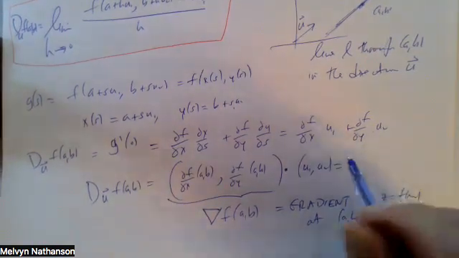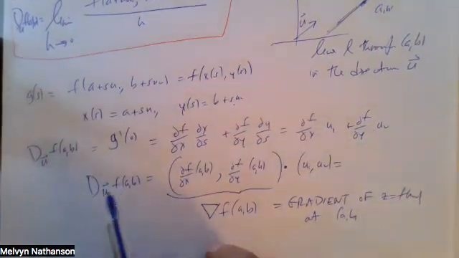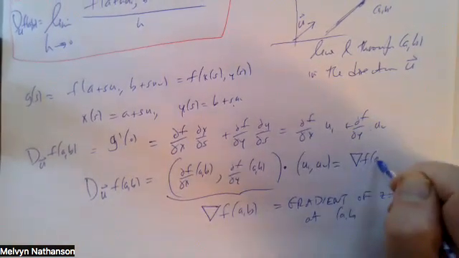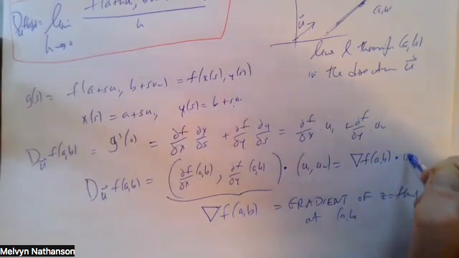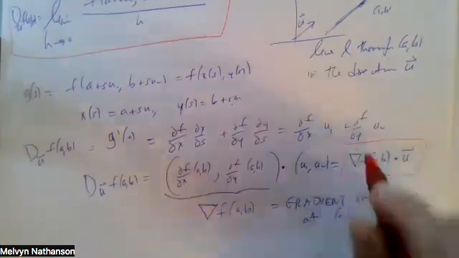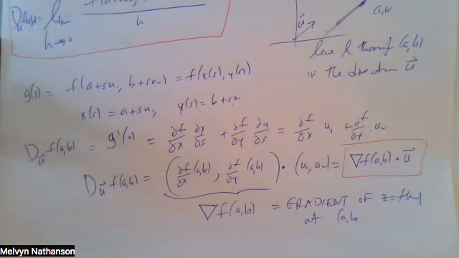So the directional derivative of a function in the direction u is the gradient of f at the point dot product with the vector u. So this is a very concise formula for the directional derivative. Of course, you have to know what the gradient is, but the gradient is something we're going to be using over and over again. So you will definitely know what that is.